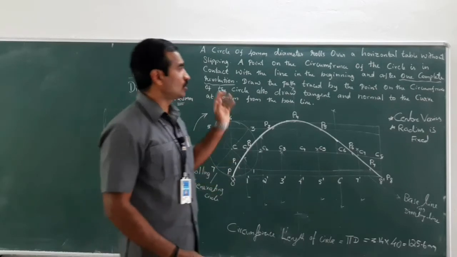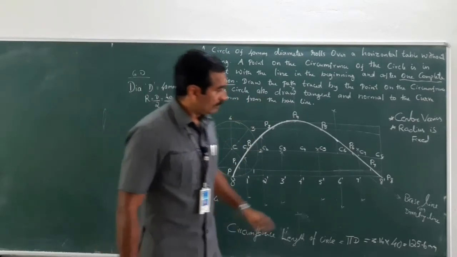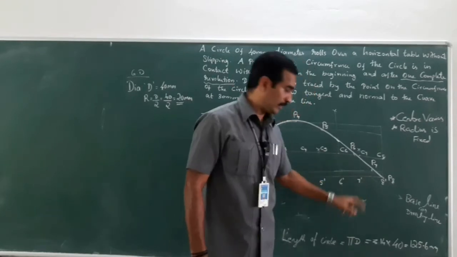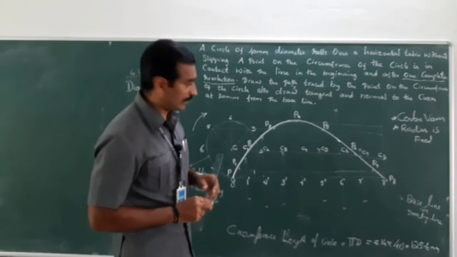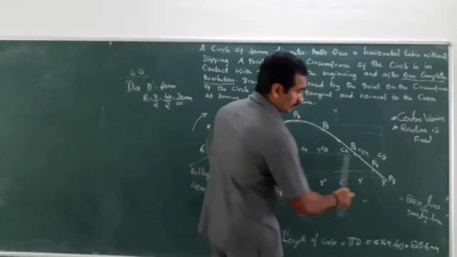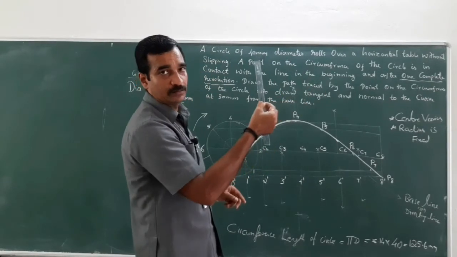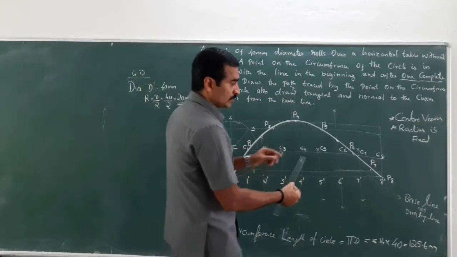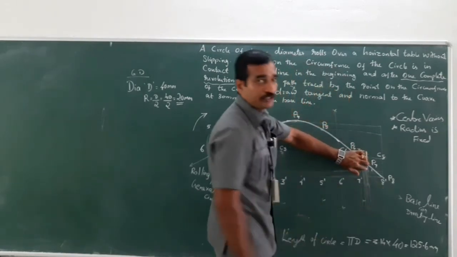Now I am going to draw the tangent and normal to the curve 30 mm from the baseline. Where is my baseline? My baseline is here. Take a scale and assume this is my 30. That means it should be perpendicular to the baseline.